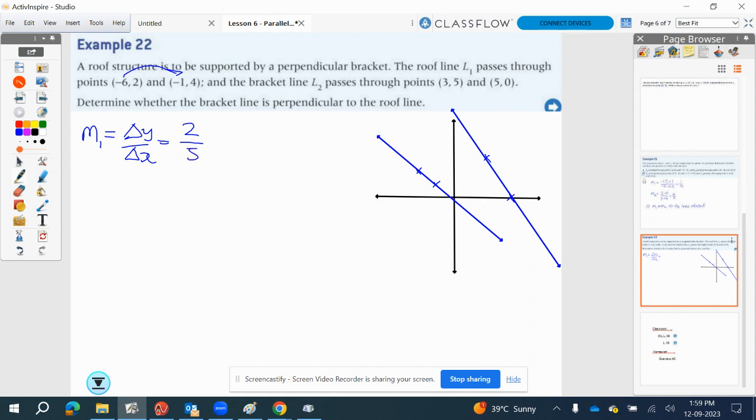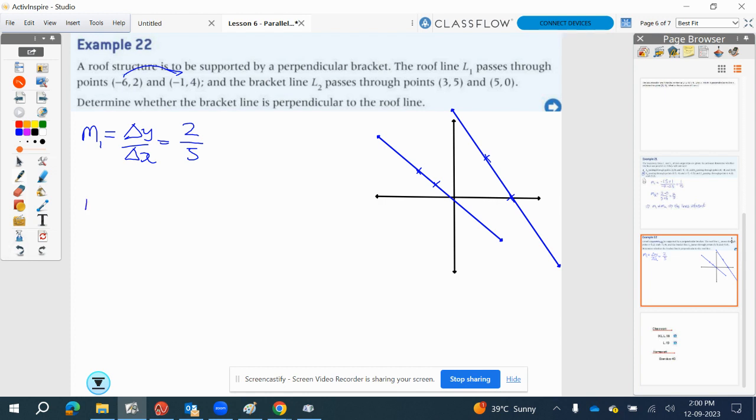This is 2 over 5. So I've drawn this one wrong. I must have made a mistake as I was sketching that. How did you get 5? I'm sorry, we've gone from -6 to -1. We go up by 5.